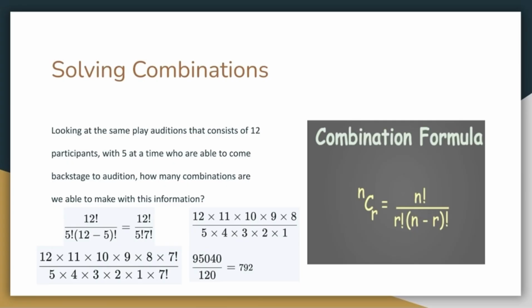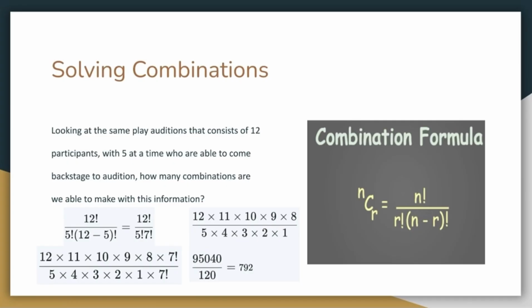So if we plug in the 12 and 5 in this combination formula, we've got 12 factorial over 5 factorial with 12 minus 5, which gives us 12 factorial over 5 factorial, 7 factorial. If we break that down, it would be 12 times 11 times 10 times 9 times 8 times 7 factorial over 5 times 4 times 3 times 2 times 1 times 7 factorial.